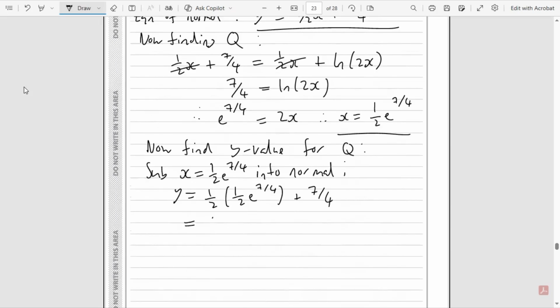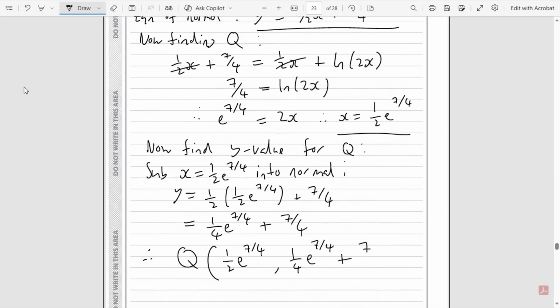So this gives us 1 over 4 e to the 7 over 4 plus 7 over 4. And so our final answer for the coordinates of Q: the x value is half e to the 7 over 4, and the y value is quarter e to the 7 over 4 plus 7 over 4. And those are the exact coordinates of Q.